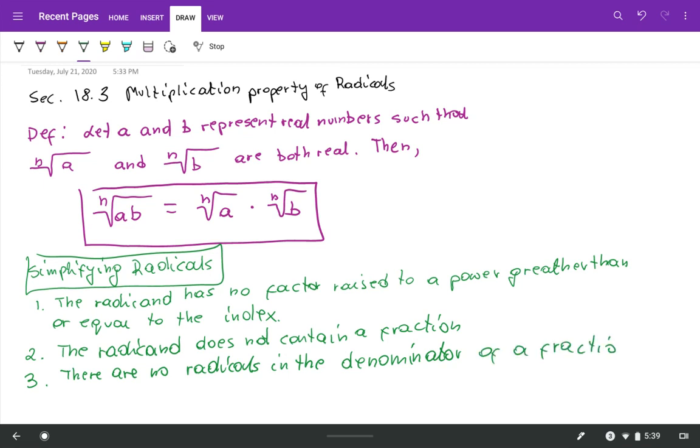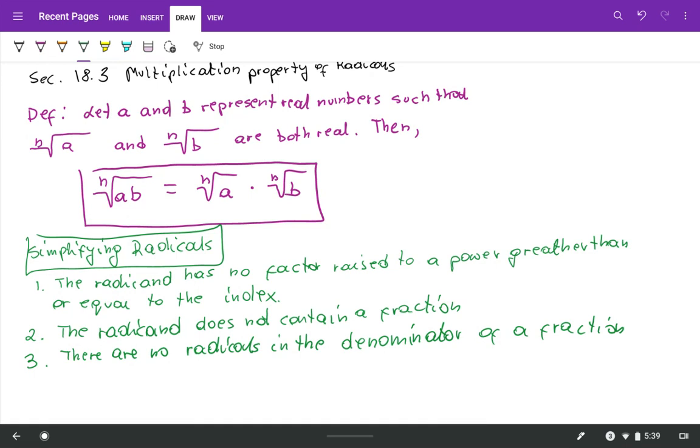So what I gave you guys are the 3 cases when radicals cannot be simplified. So they are already in simplest form. So I should write this down. Let me just fix it. Here. Then I will put it for you this way.